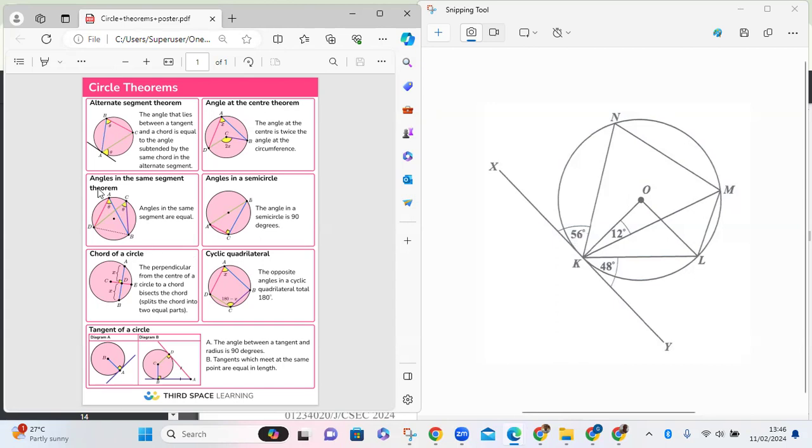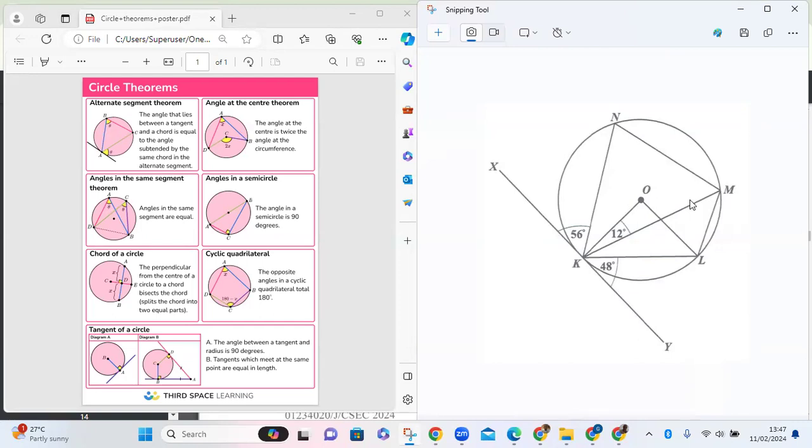So AC is like NK. So when we go inside now, that angle subtended by NK is away from NK right here. So KMN is supposed to be 56 also, by virtue of this theorem.